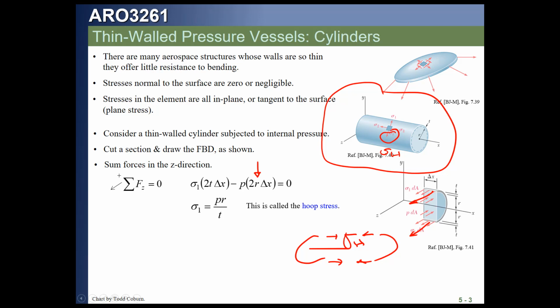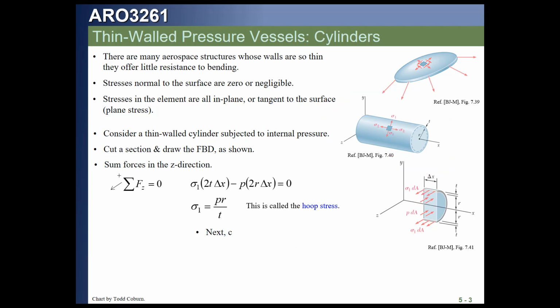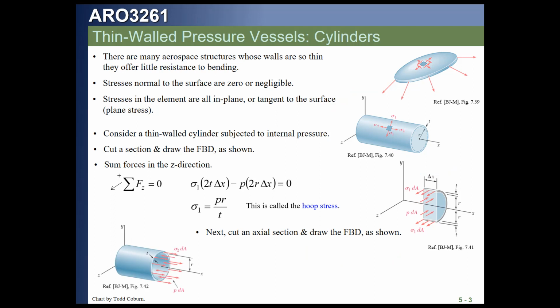Now if we cut another section axially, we're going to get another free body diagram. Let's study this a moment. Once again, if we cut it in this direction, the only structure that's left is this area between the outer radius and the inner radius. That's the area that resists the stress. The area of that is 2 pi r times the thickness. Now what r is that?